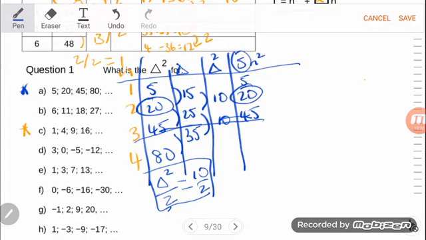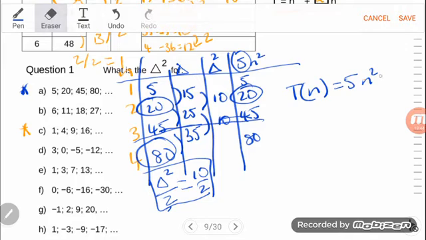When n is 4, 4 times 4 is 16, 16 times 5 is 80. Is that the same as our fourth term? Yes, it is. So our general term is equal to 5n squared. Sound good? But what if it's not that easy either? Okay, let's try another one.